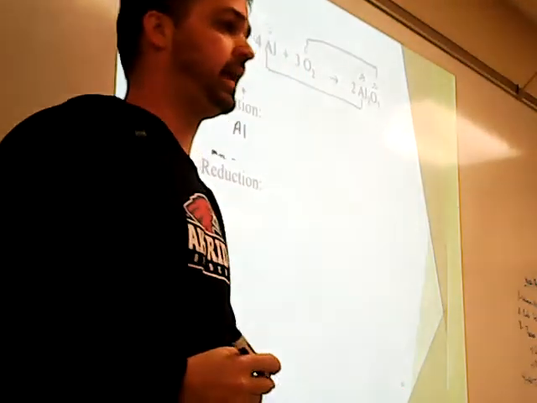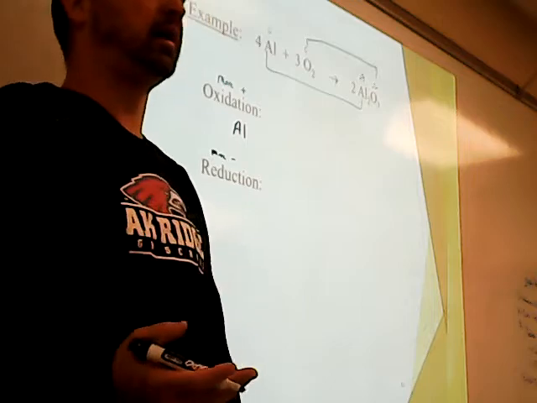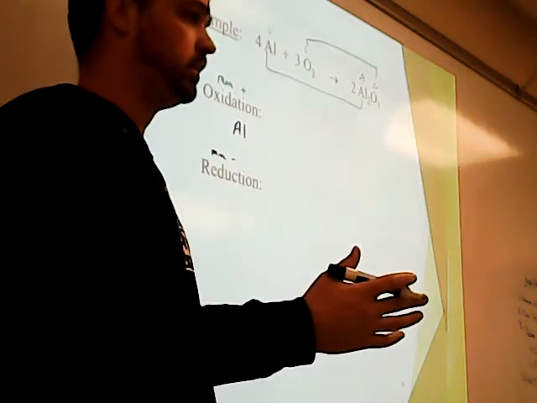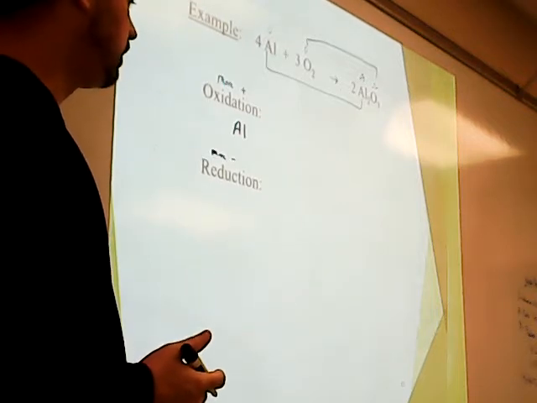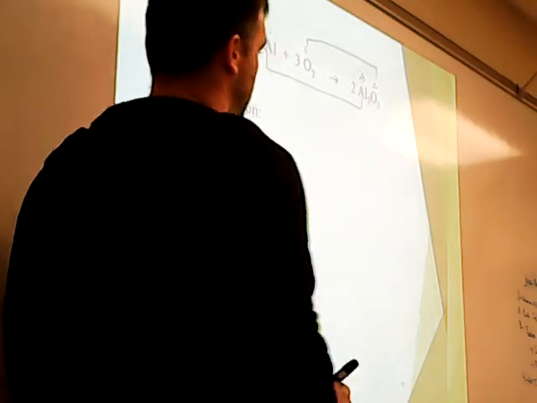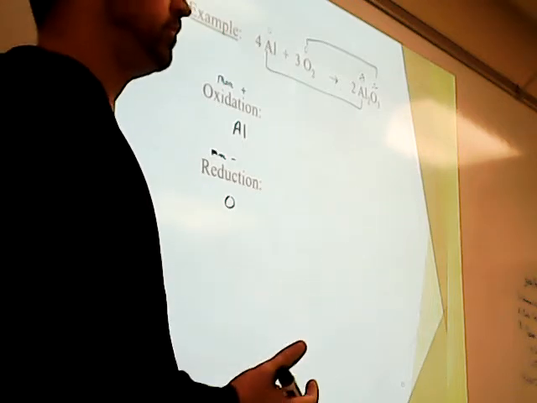Have you guys figured out that oxidation doesn't always occur with oxygen? There's no correlation there, right? Don't think of it that way. Which means, what's being reduced? Oxygen, because it's becoming more negative. So you just answered 2 of the 4 questions.